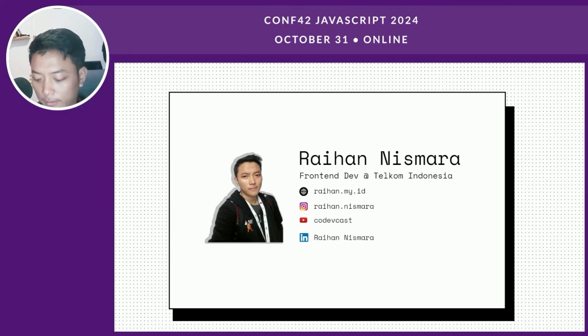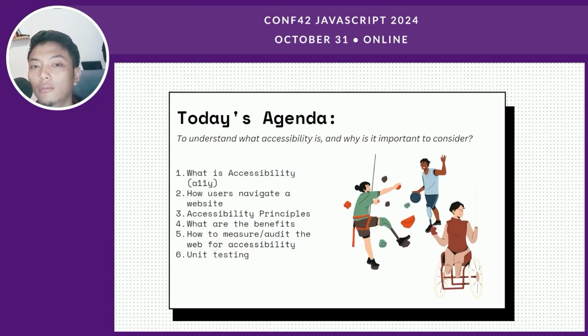Let's keep moving. So today's agenda, the topics that we're going to cover. There are 6 main topics, and each main topic also has subtopics that we're going to cover as well. One is what is accessibility and how users navigate a website. The third is accessibility principles.